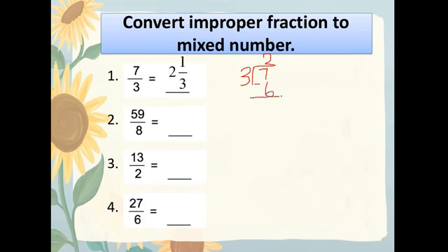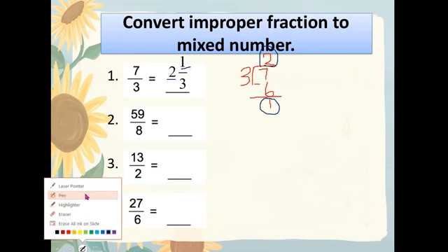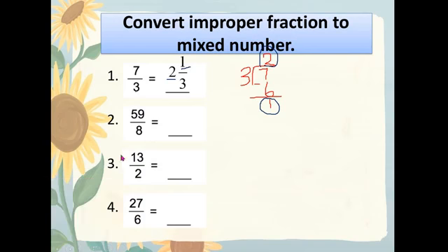And then minus, we have remainder 1. The quotient 2 is the whole number. The remainder 1 is the numerator. And the denominator 3 is the same as the denominator for your mixed number. So that is the answer for number 1.